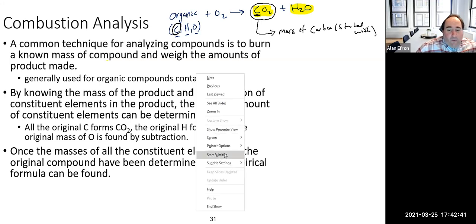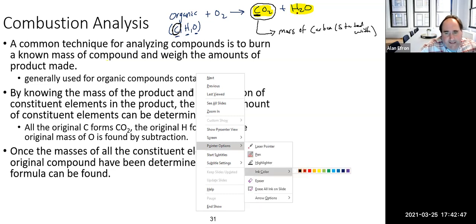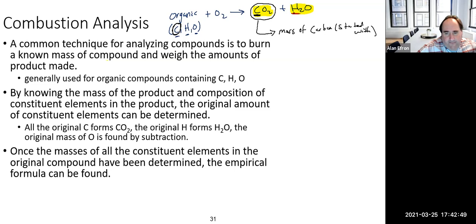Now, if we look at the water, same idea. All of the hydrogen that we collect here in the water, all of that original hydrogen had to originate from our organic substance.